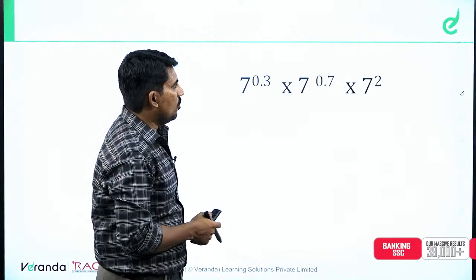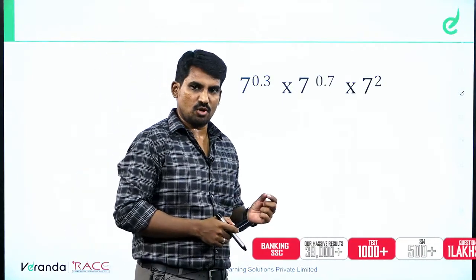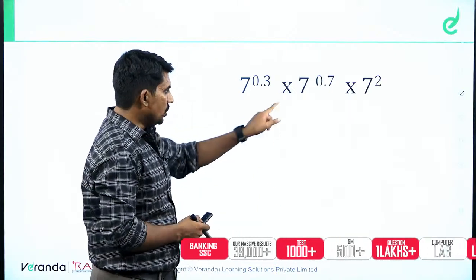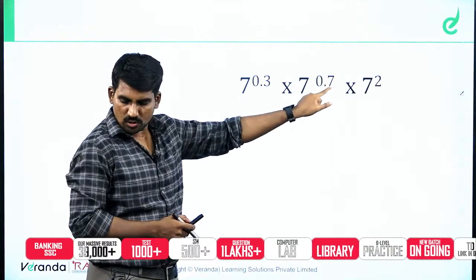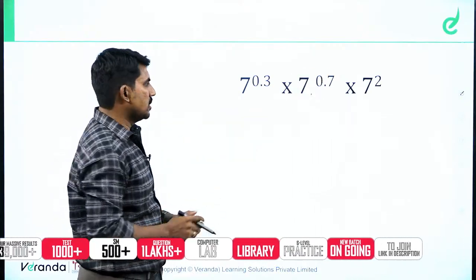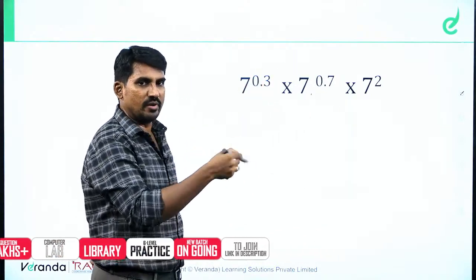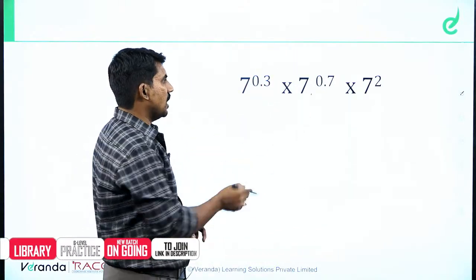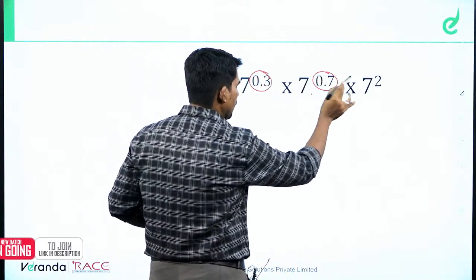Now, first question. See, 7 to the power 0.3 into 7 to the power 0.7 into 7 square. That is a complete product, 7 into 7 into 7. Powers are different: 0.3 given, 0.7 given, 2 given.